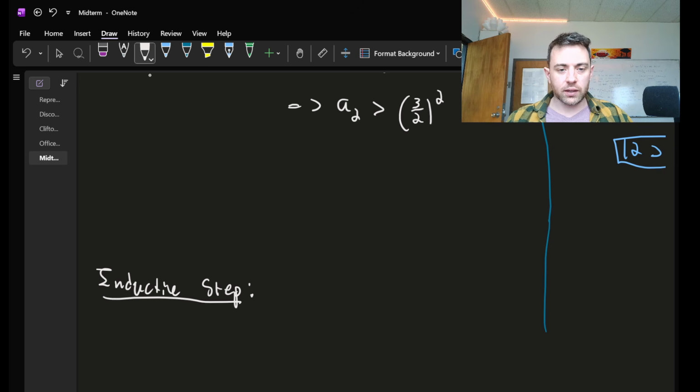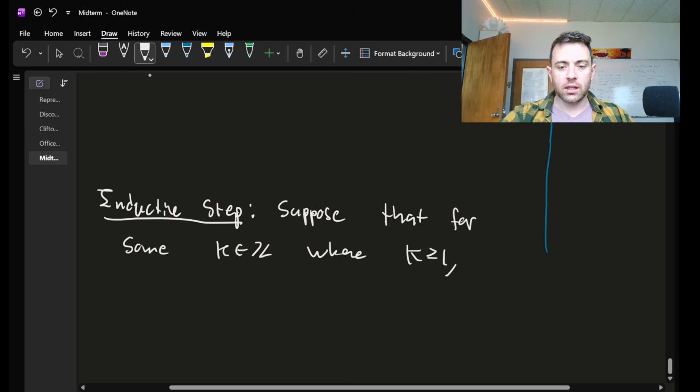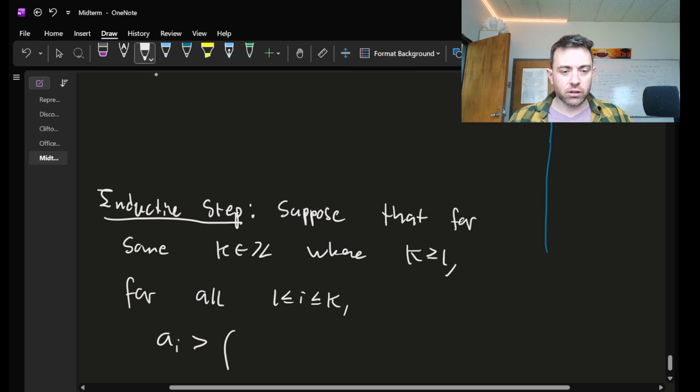So we'd say something like, suppose that for some k in the integers, where k is at least 1, suppose that for all i between 1 and k, a sub i is strictly larger than 3 over 2 to the power of i.